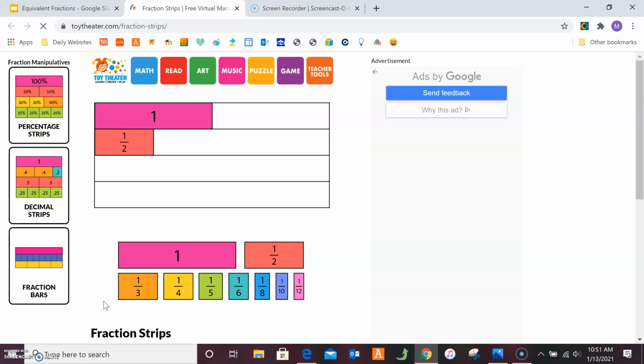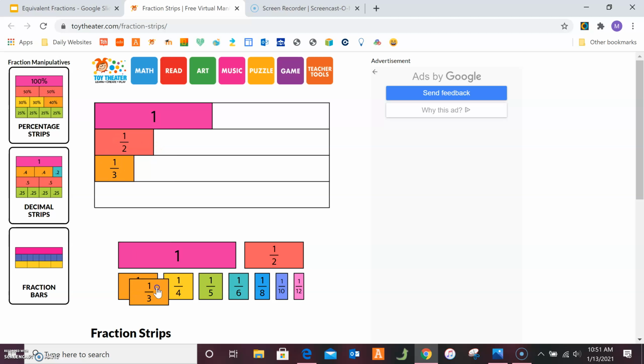You don't necessarily have to start a certain way. So I'm going to see if I can get thirds to equal 1/2. Well, I can see, and I remember from comparing fractions that when the denominator is bigger, the pieces are going to be smaller. So thirds are smaller than halves. So let me see if I can get another one. Does that equal 1/2? Are those the same amount?